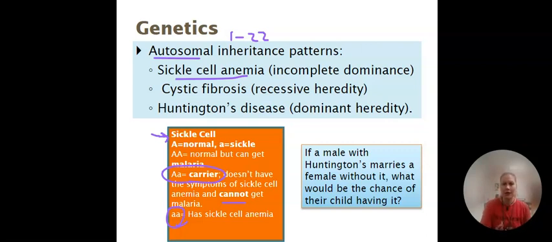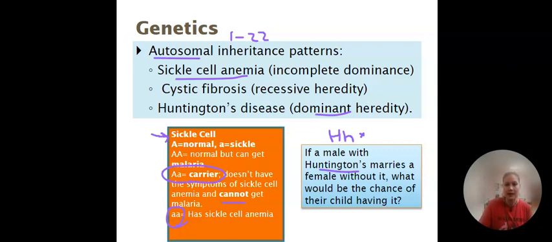And then this question over here: if a male with Huntington's marries a female without it, what would be the chances of their having a child having Huntington's disease? So Huntington's disease is dominant, which means I only have to have one copy in order to be affected. So if you have a male with Huntington's, he's probably going to be heterozygous. He could be homozygous dominant.